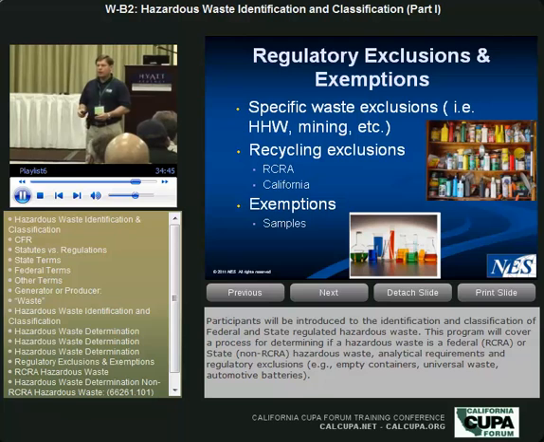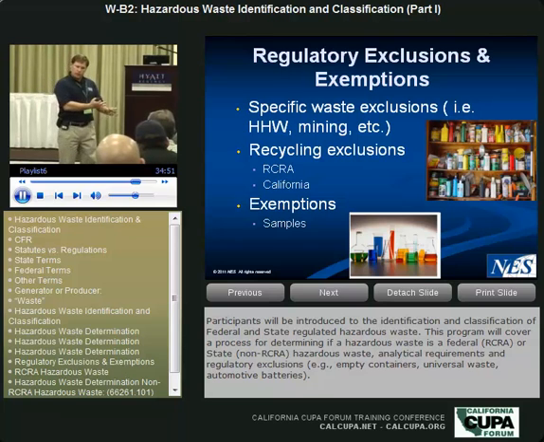There's a lot of categories of waste that are excluded. There's a lot of exemptions and exclusions from whether it's a hazardous waste if you manage it elsewhere, like our universal waste. But those are pretty industry specific. Generally speaking, there's a fact sheet put out by DTSC on a lot of these exceptions to the rules for those wastes that exist with the regulatory exclusion.